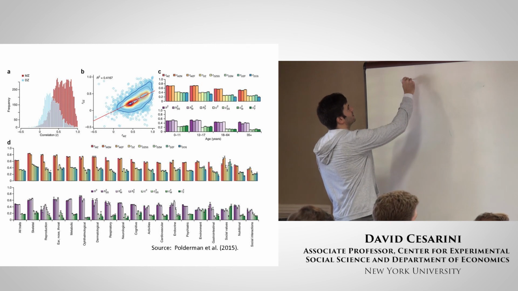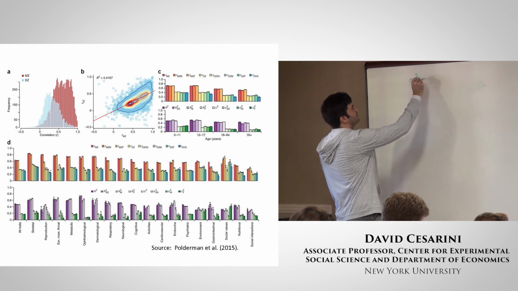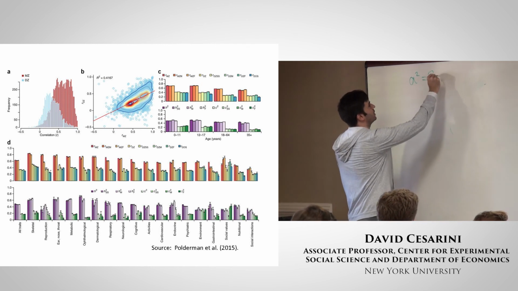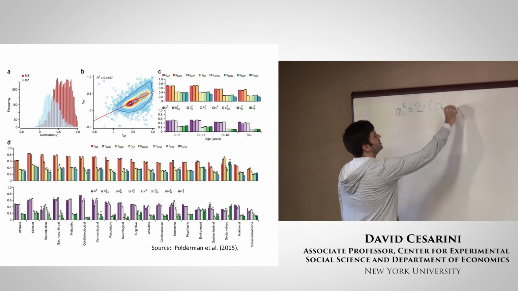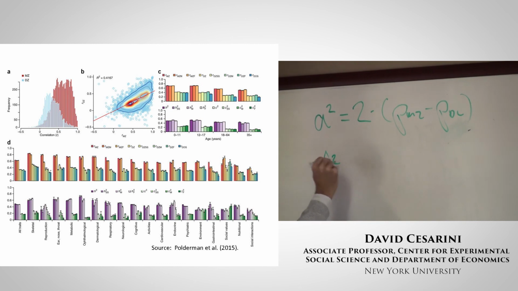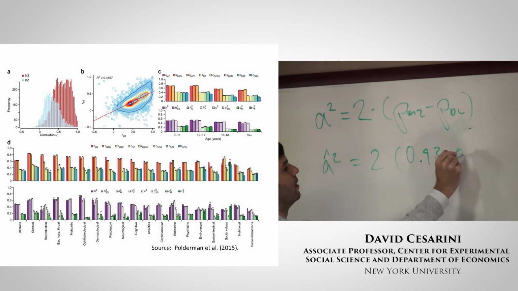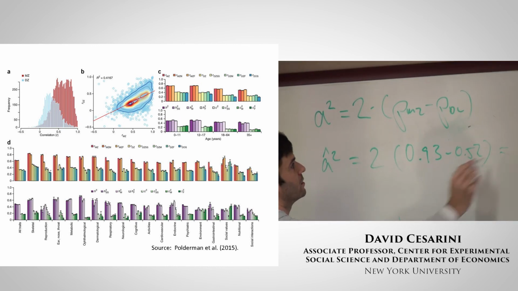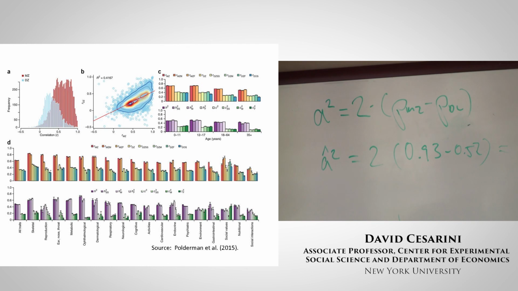So the moment condition is, under the ACE model, A squared is equal to twice (rho MZ minus rho DZ). So we plug in these two numbers. Somebody will have to do the algebra for me, 0.82, is that right?